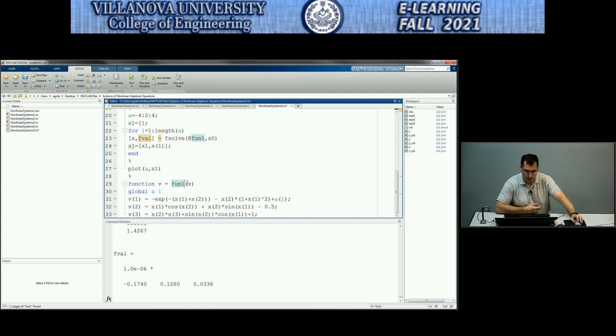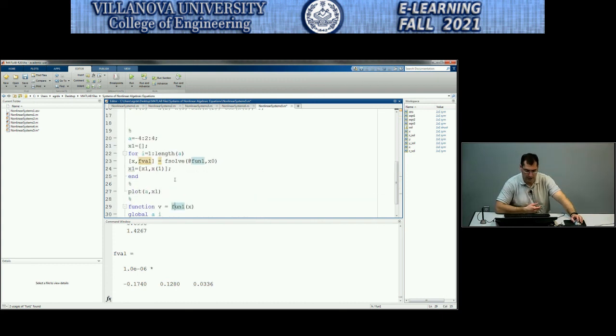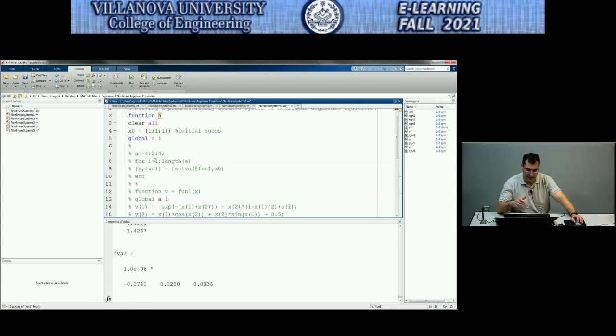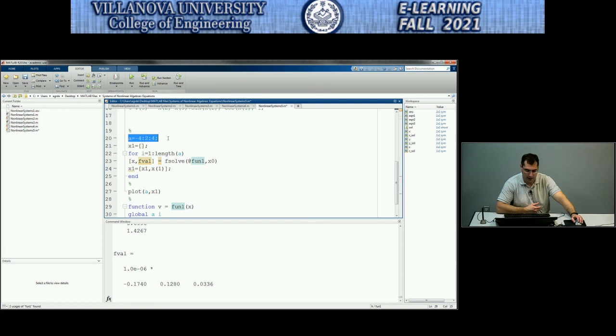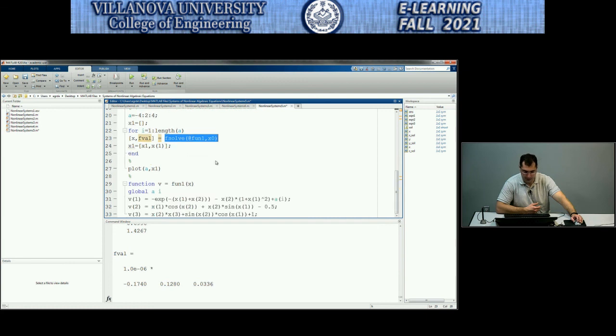So this is how you do this. Since I commented out this part, I'm going to have to rewrite everything here. So I define my A. I'm going to solve my system of equations, same system of equations, but every time I solve this, I am going to, let's say, extract the first solution to this system, and I'm going to build an array of data that corresponds to each value of the parameter.